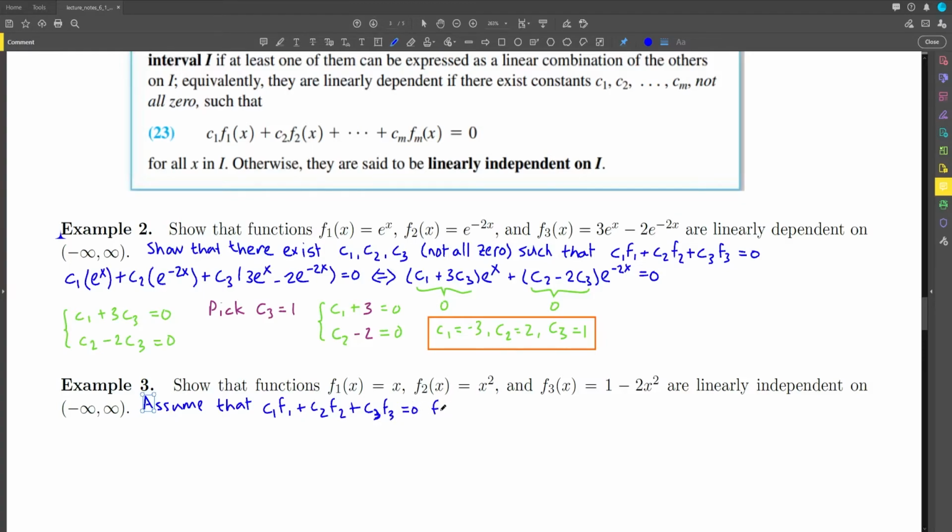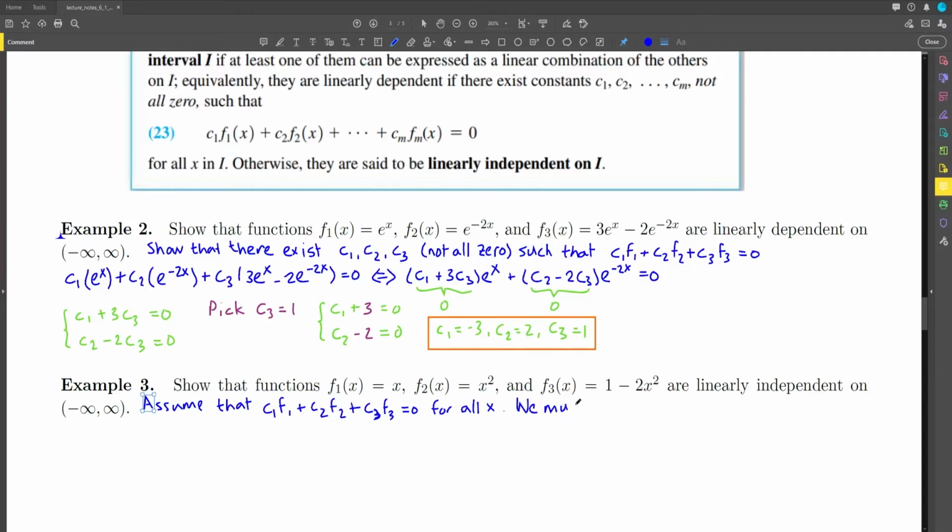for all x in the interval from negative infinity to infinity. In order to show that they're linearly independent, we now need to show that this must imply that C1 and C2 and C3 are all equal to 0.